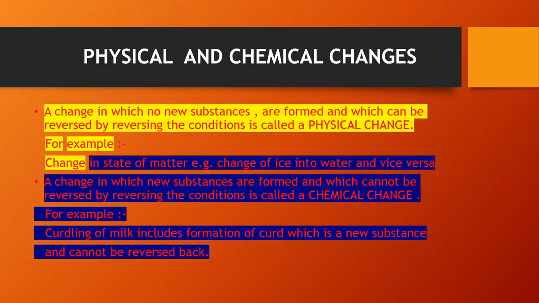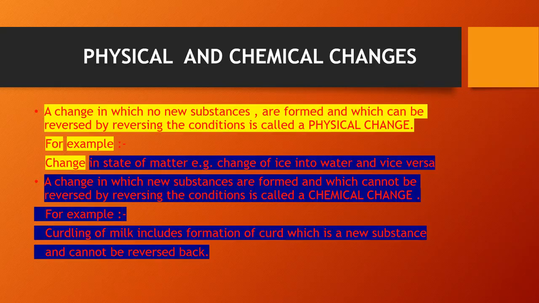A change in which no new substances are formed and which can be reversed by reversing the conditions is called a physical change. For example, changes in state of matter, like change of ice into water and vice versa. These are the examples of physical change.